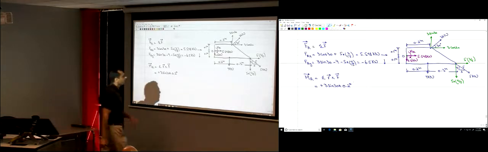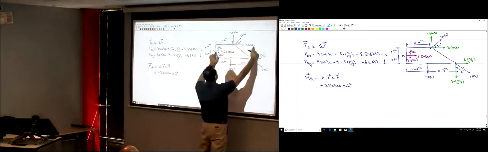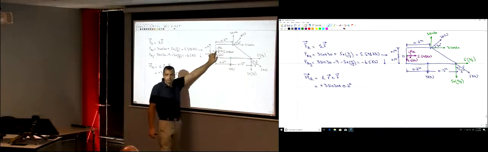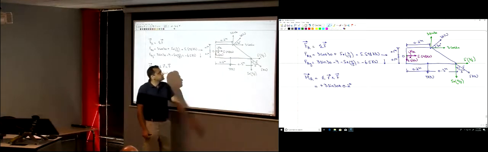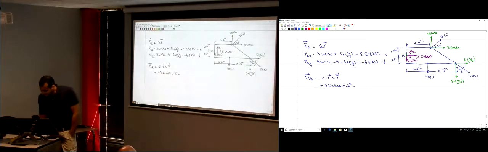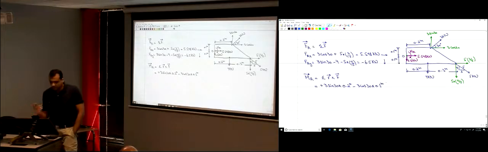And then let's see the other component, the 3 cosine 30. It's rotating in what direction about point O? Clockwise, so it's negative. It's 3 cosine 30 multiplied by its distance, which is 0.1 meters. So this is the moment of the first force, okay?